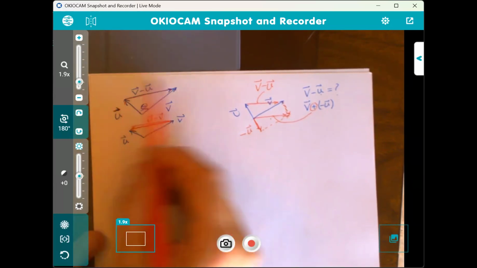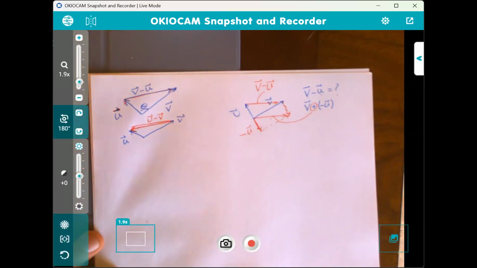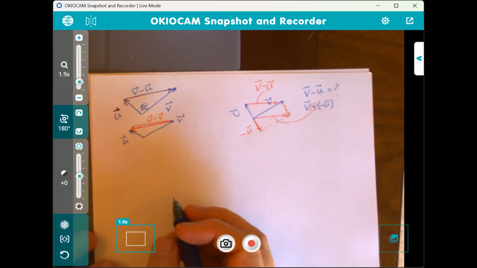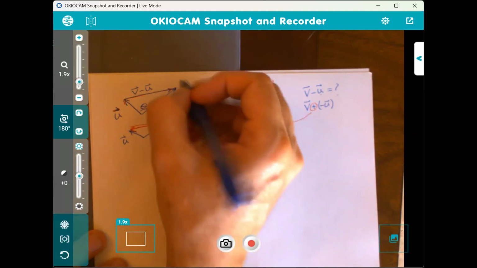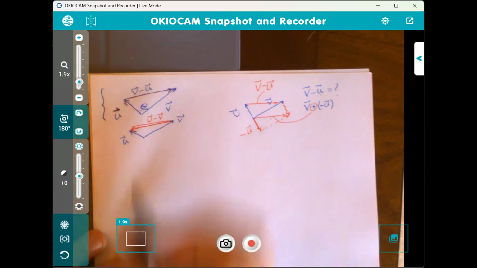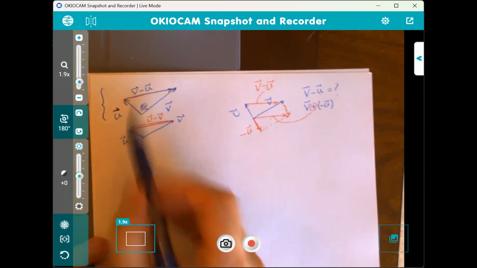Now, I'm going to do this one for the proof of the angle between two vectors. Looking at the original one I have, the top one.